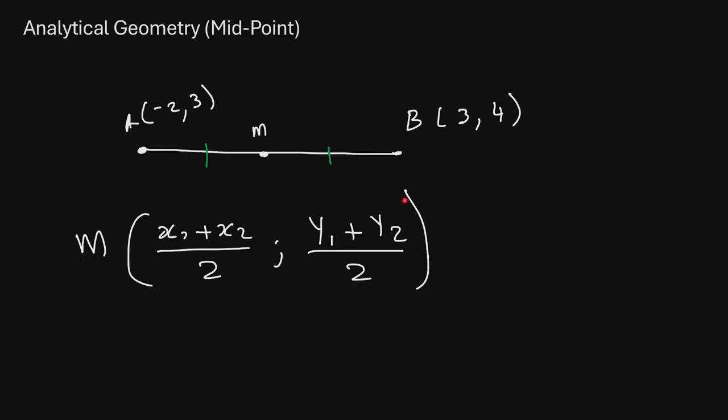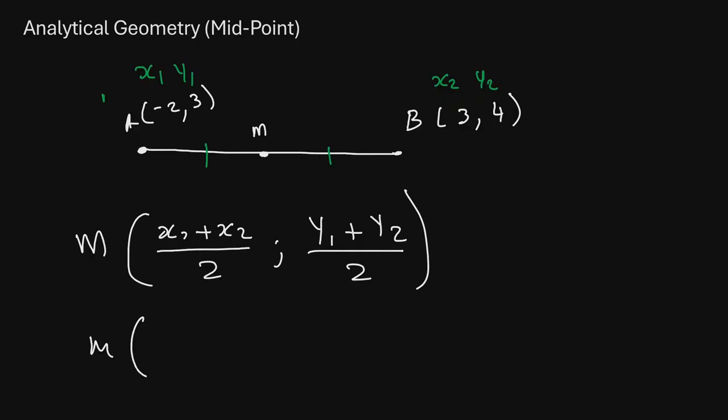Remember, the first step is to label your points. So point A is going to be our point 1, therefore we have x1, y1, and then x2, y2, because B will be our point 2. To get the midpoint, we substitute the coordinates.